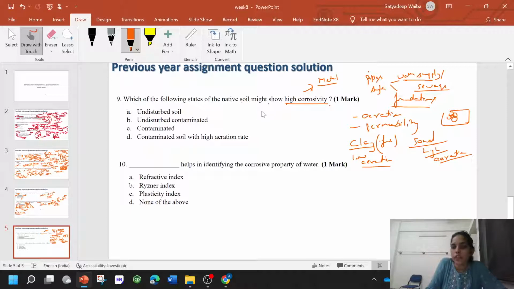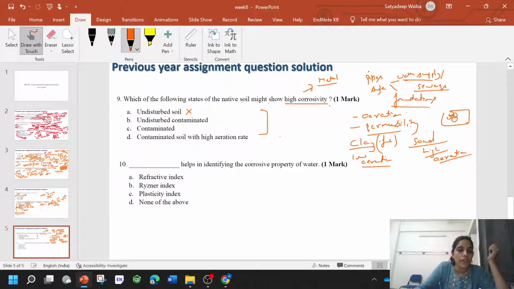Now the answer: which of the four is the highly corrosive one? First is undisturbed soil. The answer is no. If there is no disturbance to a soil, let's say you are looking at soil at the top of a mountain in the Himalayas, where no one can go, not even animals, then there is no aeration. We don't know about the permeability, and there are two ways: either something is itself aerated or permeable, or you are disturbing it.